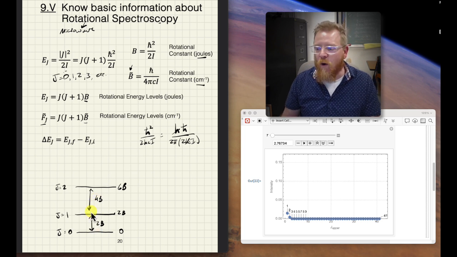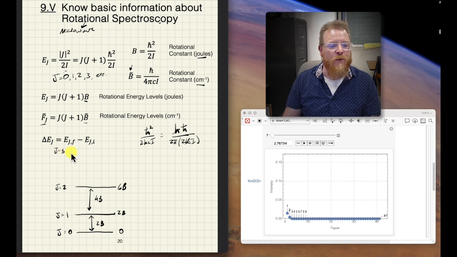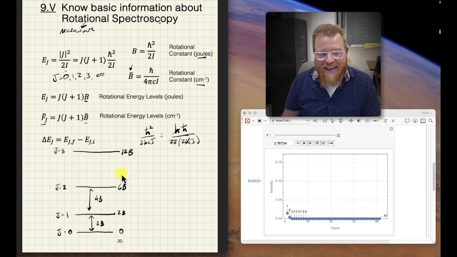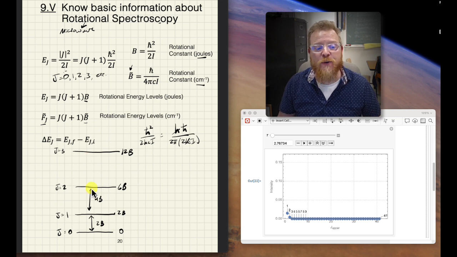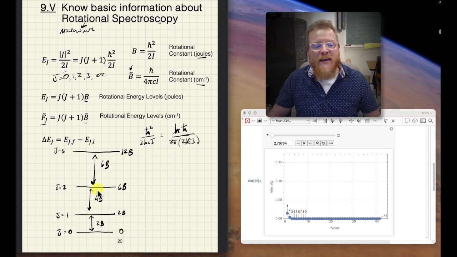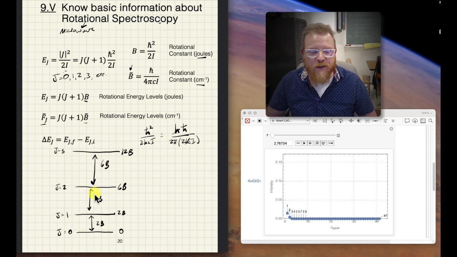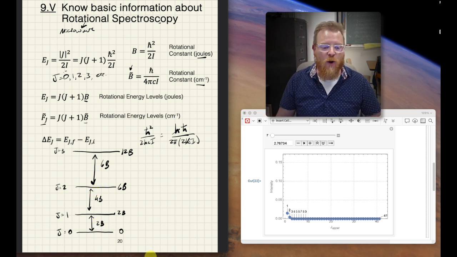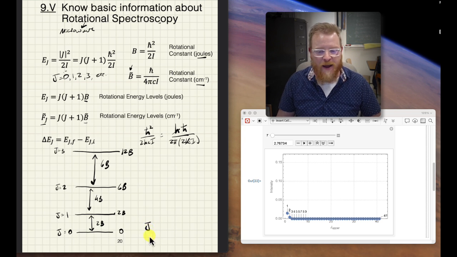Let's do one more of these so we can see a pattern. That J equals 3 value will spread out even further. Now when J is equal to 3, it's 3 plus 1 is 4 times 3 is 12. So the J3 level will be at 12B. And now the difference between J3 and J2 will be 6B. Now this gets a little bit confusing, so I'm going to note this here as the following.